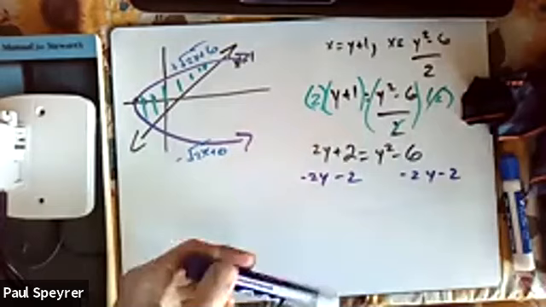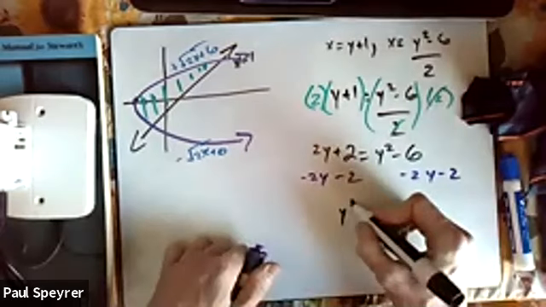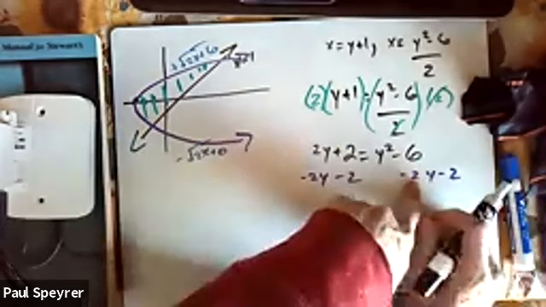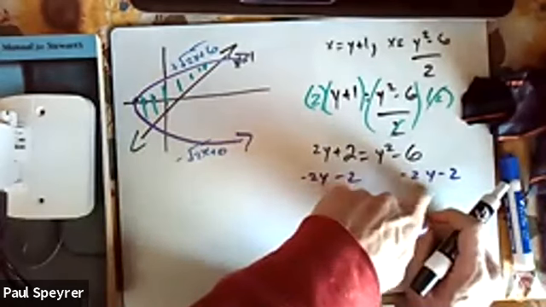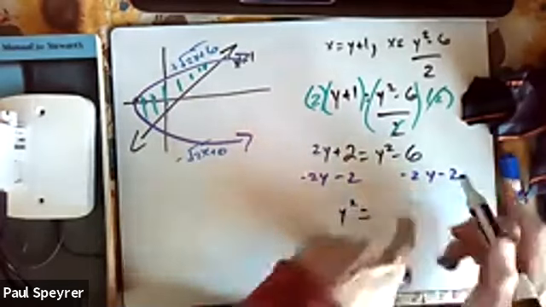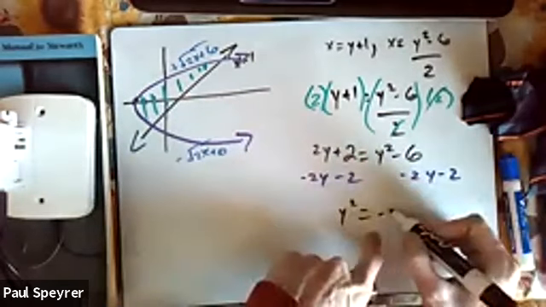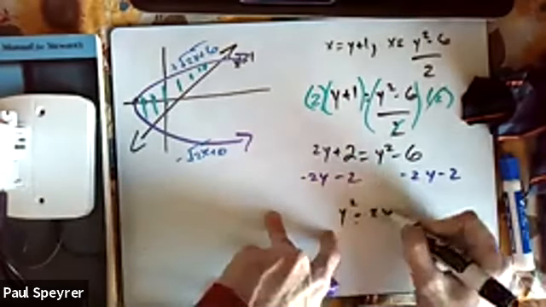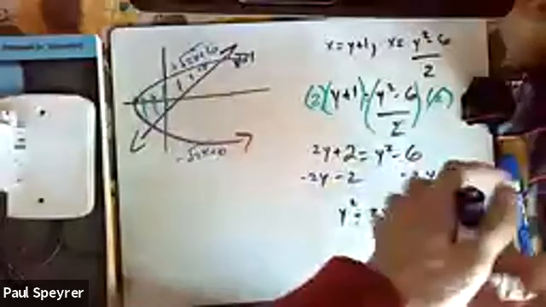We have y squared minus 2y, and there's nothing to combine it with. Negative 6 minus 2 is negative 8. All that's equal to 0.